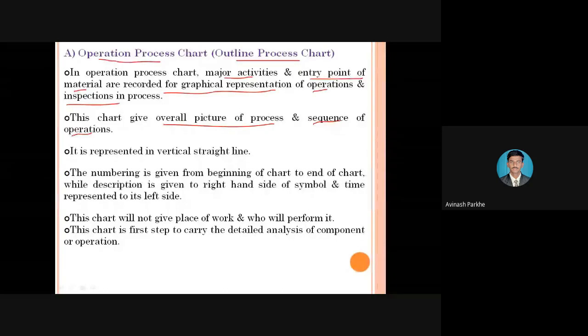That means the sequence of operation is set, and that sequence is also represented by this operation process chart. That means it will give the overall picture of the process: how many operations are performed and how many inspections are performed. In addition to that, it represents the sequence of operation also.